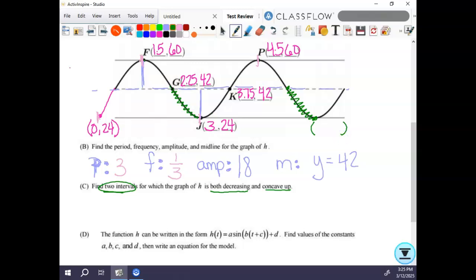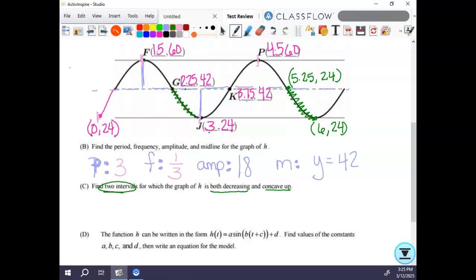Well, if this is 0 and this is 3, this should be 6, and we're still at 24. And if this is at 2.25 and then 3.75, I'm adding 1.5 each time. So that would be at 5.25, 24 would be those ordered pairs.